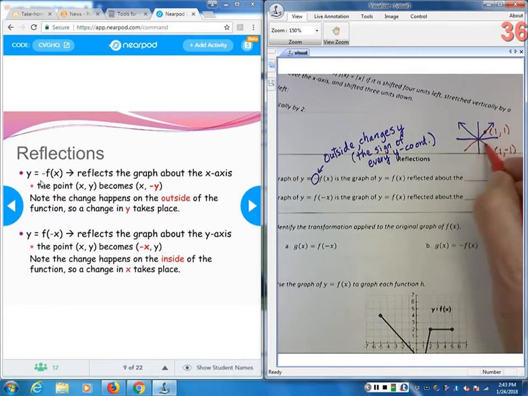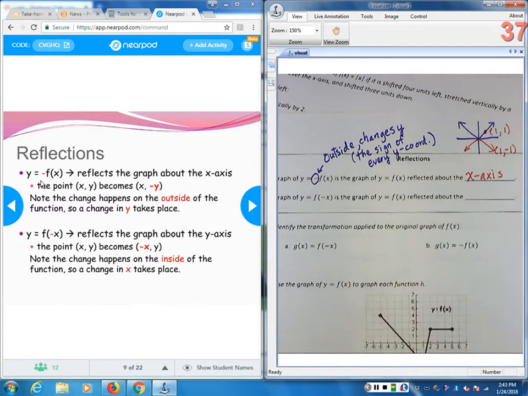So you're flipping about the x-axis. So it does change the sign of every y coordinate, but it's a reflection about the x-axis.